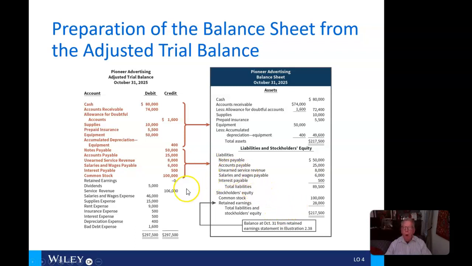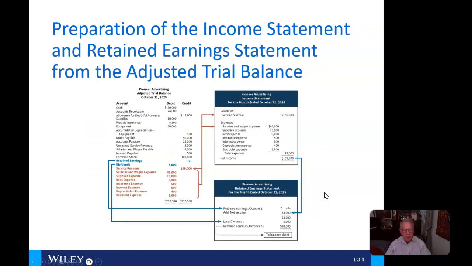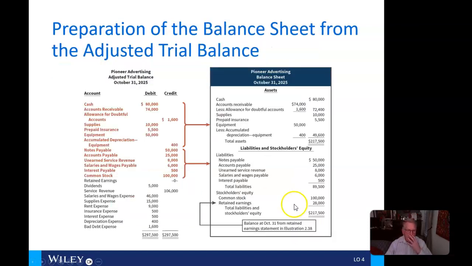So we bring all of these balance sheet items directly from the adjusted trial balance, shown here in red, over here. But the retained earnings comes from the ending balance of this prior slide here, which is shown here. And if everything's done correctly, the balance sheet now balances. Our total assets equals total liabilities plus stockholders' equity.